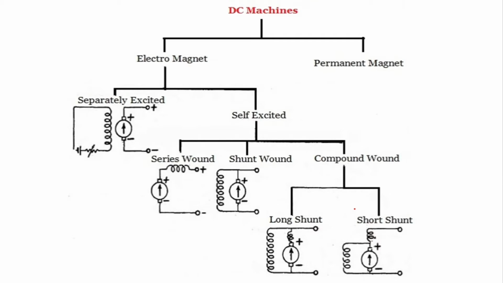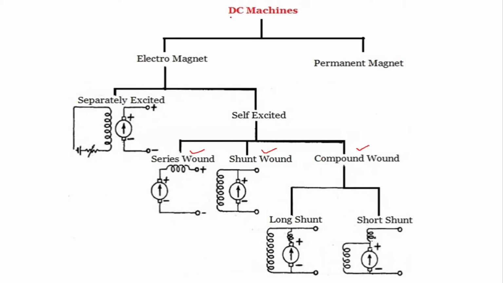Any DC machine, be it a DC motor or a DC generator, is split up into two categories. One is the electromagnet, another is a permanent magnet. An electromagnetic DC machine can be further categorized as a separately excited DC machine or a self-excited DC machine. Further, the self-excited DC machine can be categorized as the series wound, the shunt wound, and the compound wound.